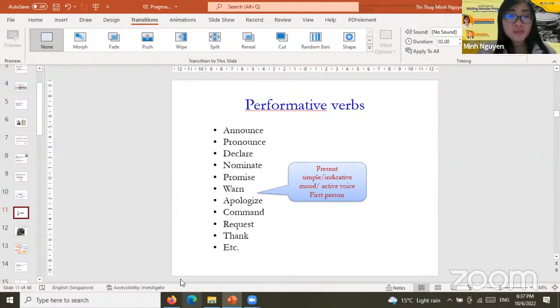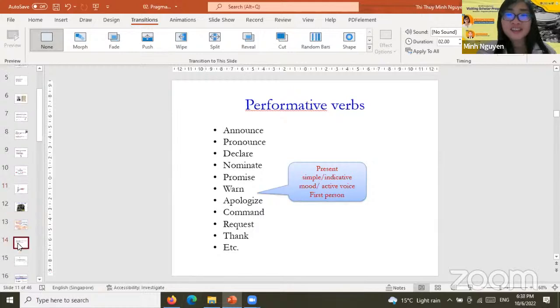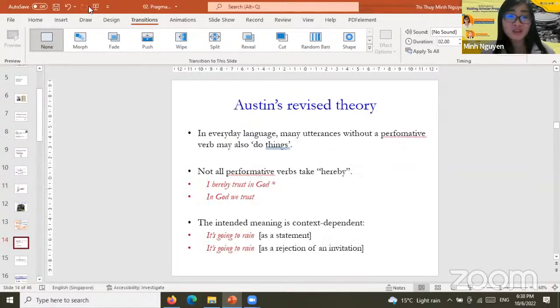So that's a problem with Austin's distinction. And Austin is a very smart guy, so of course he knows that. He realized that in everyday language, many utterances without a performative verb can also do things. Actually, the number of these sentences far exceeds the number of performative verbs available in a language.